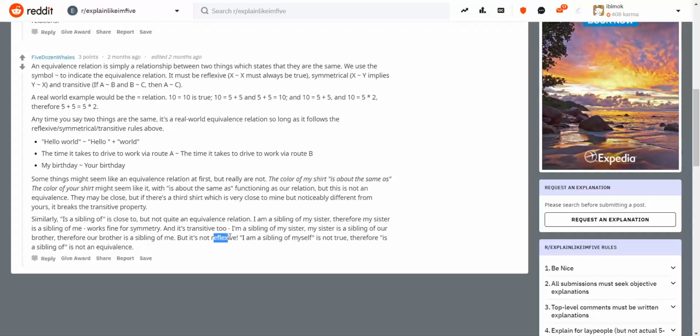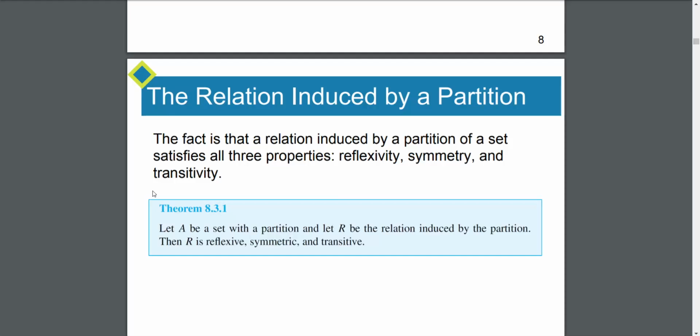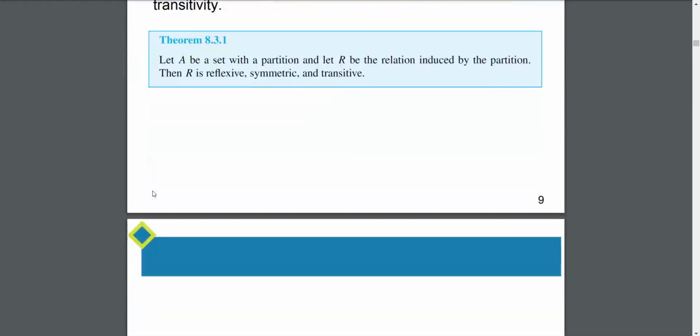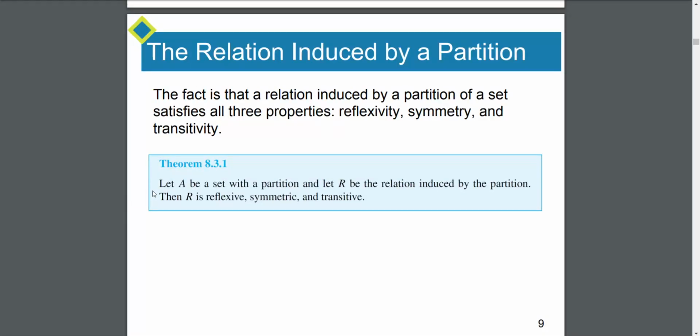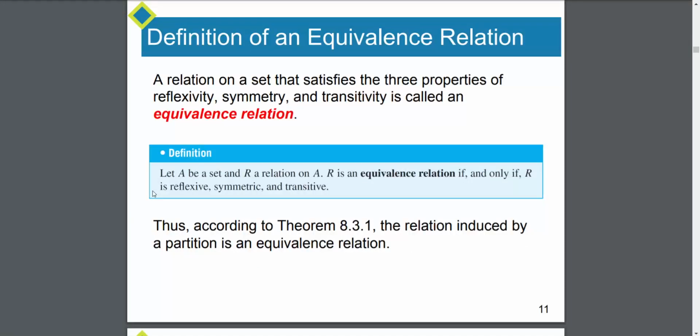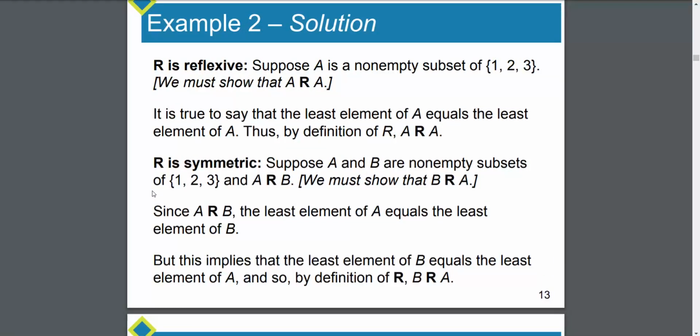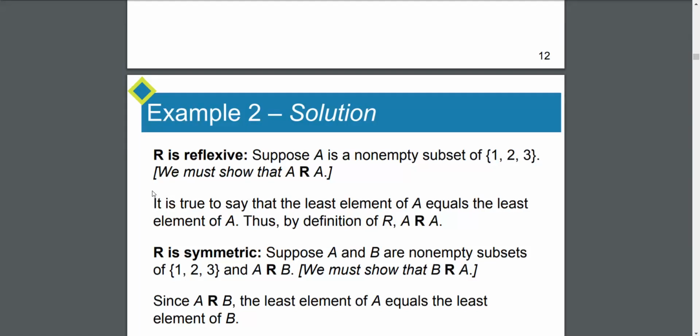But it's not reflexive because, as you can see, transitivity means if A equals B and B equals C, then A equals C. That's basically what transitivity means. And then you have the symmetric, in which you say A has a relation with B and B has a relation with A.